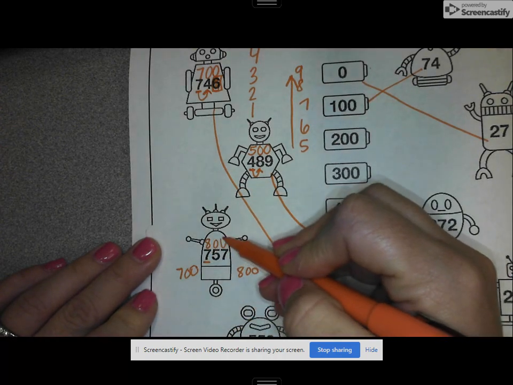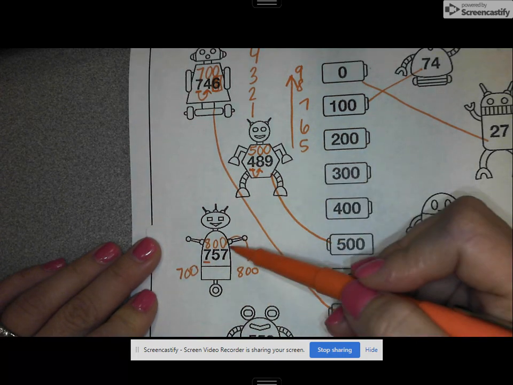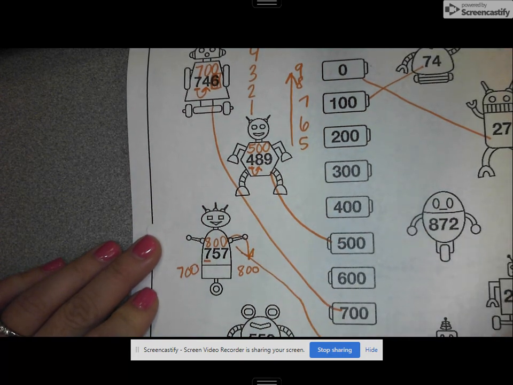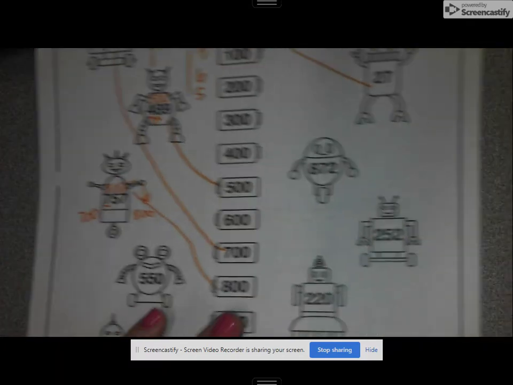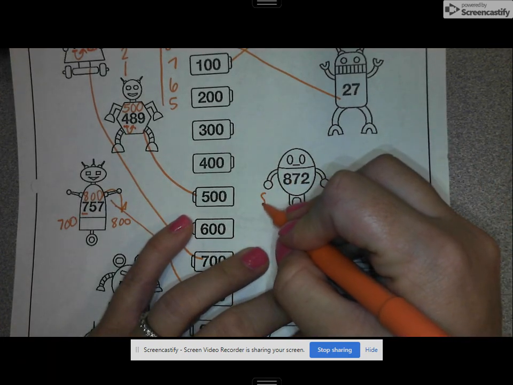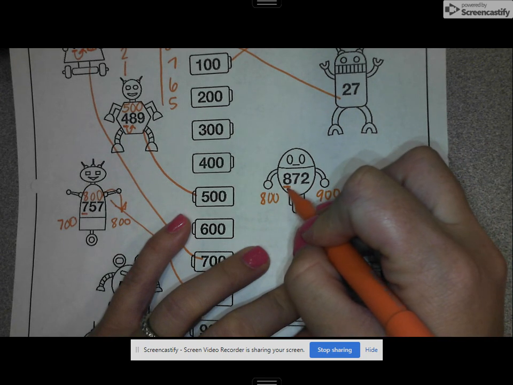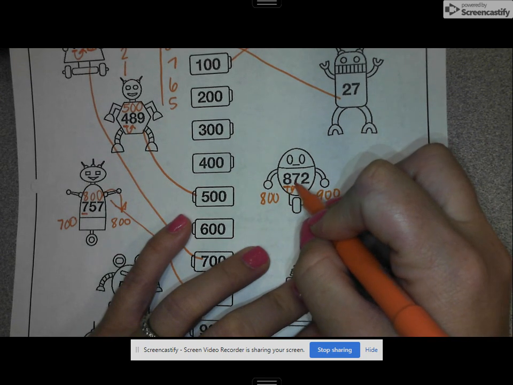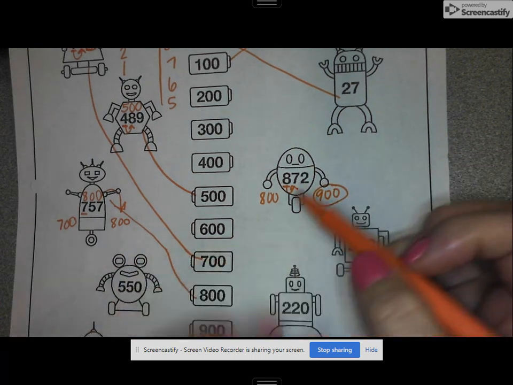Then everything else becomes a 0. So 757 rounds to 800. In all of these, 872, we're between 800 and 900. The 8 is in the hundreds place, looks at the 7. 7 says raise the score. It's going to raise up to 900.